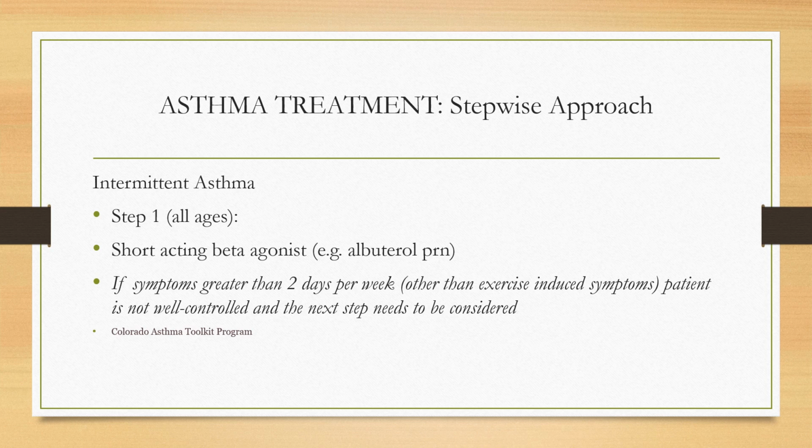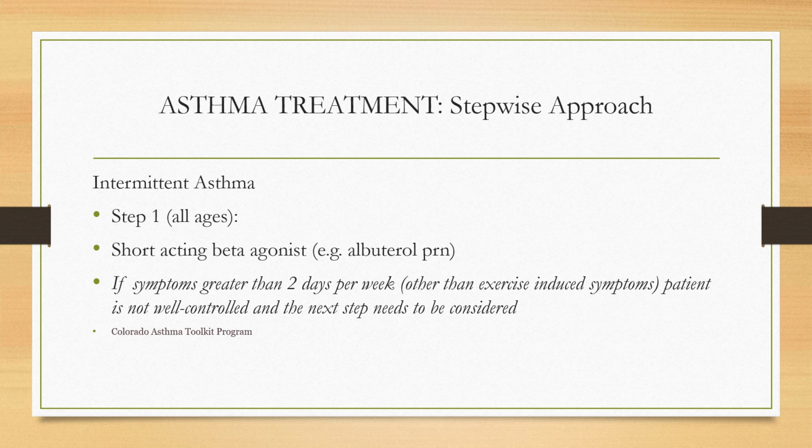And a lot of times doctors and patients work very closely together to do that. So for example, if you have intermittent asthma, your normal treatment regimen is typically a short-acting beta agonist PRN. So, you get a little treatment. But if you have symptoms greater than 2 days a week, then you really need to say that my asthma is not controlled, that the intermittent short-acting beta agonist is not enough.